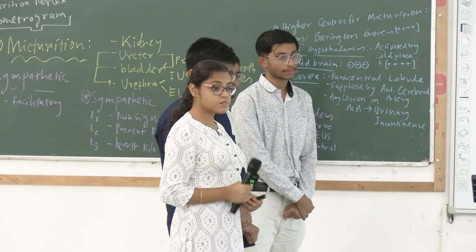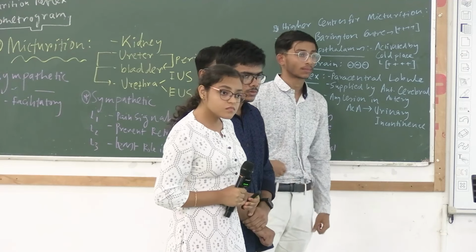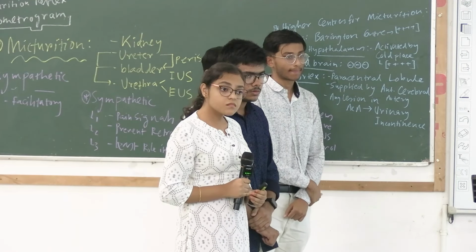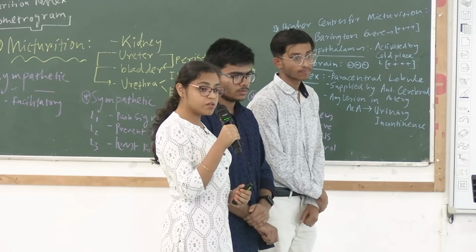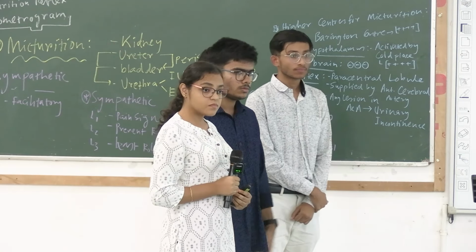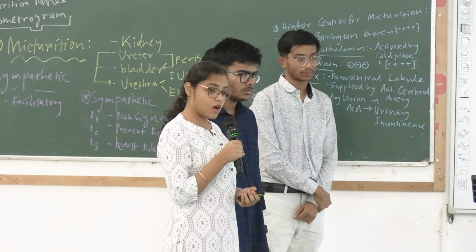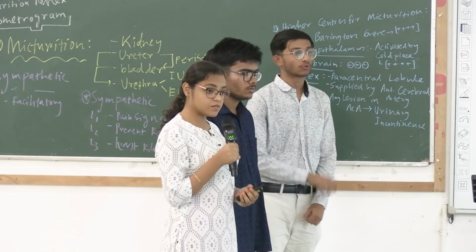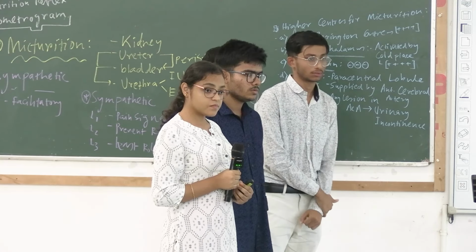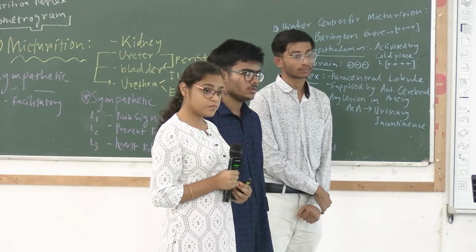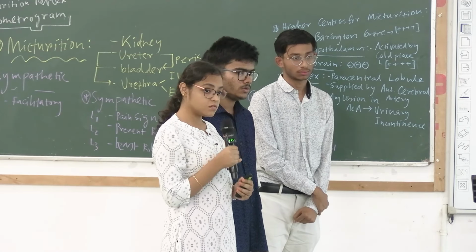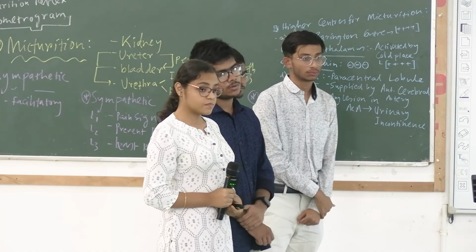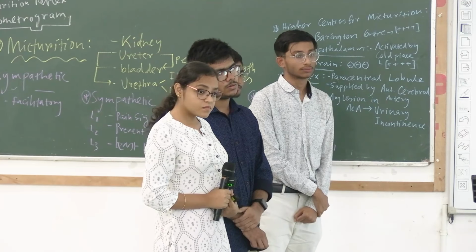Hypoalbuminemia. Albumin level. What should be the albumin level in Kwashiorkor and what should be the albumin level in marasmus? In Kwashiorkor, less than 2 gram per dl. If it is less than 2, it is most likely Kwashiorkor. If it is above 2, it is either marasmic Kwashiorkor or marasmus. 2 is the cut mark.